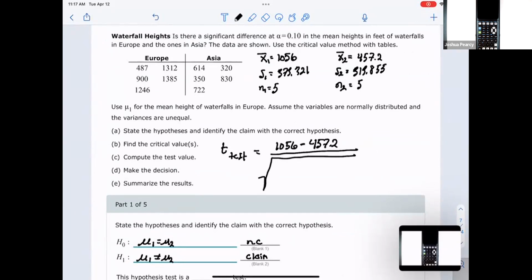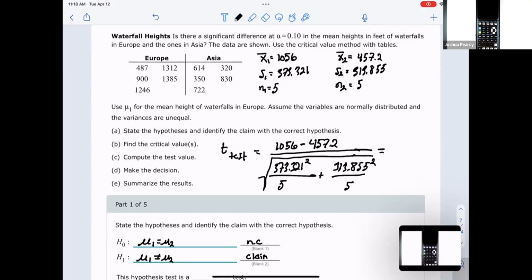So that would be 1056 minus 457.2, divided by the square root of 373.321 squared over 5 plus 313.855 squared over 5.